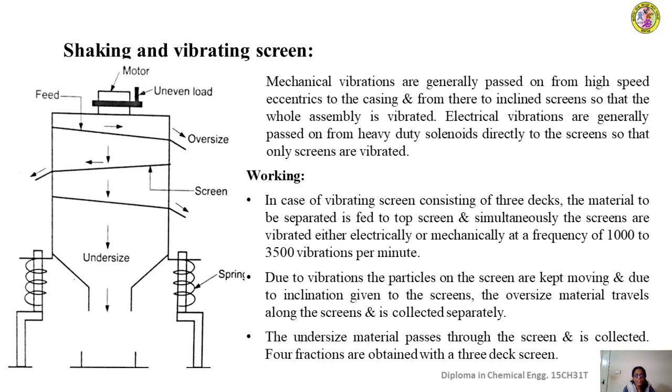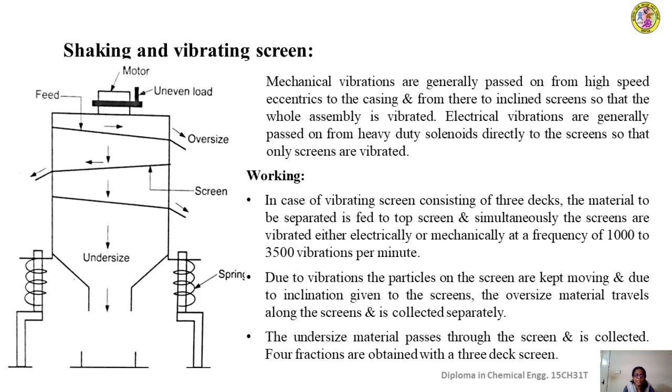The oversized fraction is obtained from the topmost deck, a slightly lesser sized fraction is obtained from the middle one, and a finer fraction is obtained from the deck of the lowest screen.